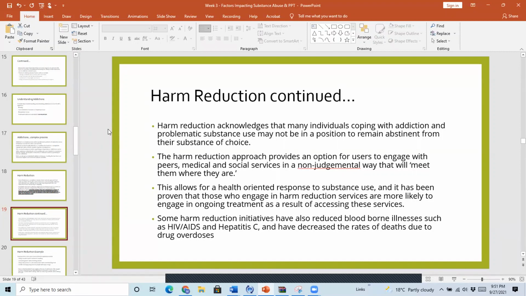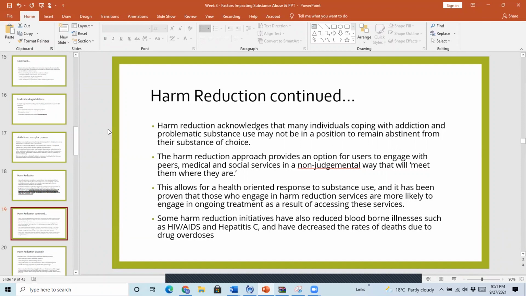For example, if somebody has contracted HIV or AIDS or hepatitis C, and they're partaking in certain substances, providing them with clean needles, a safer environment to partake in that substance, or certain medications may reduce the likelihood of them spreading the illness or aggravating the illness, making it even worse.